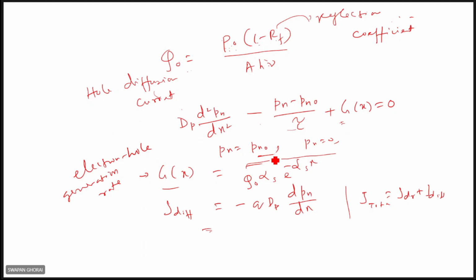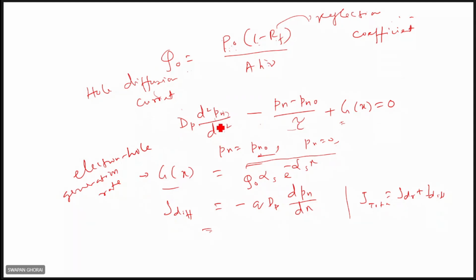Pn0 is the thermal equilibrium condition, I mean when there is no light. Still, because of thermally generated carriers, some will be there. So these are the concentrations at thermal equilibrium. So if you consider these conditions, then you can solve for Pn.